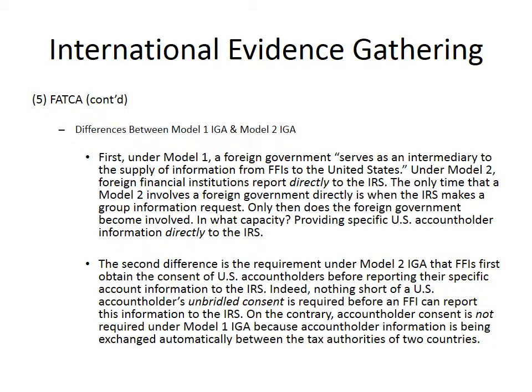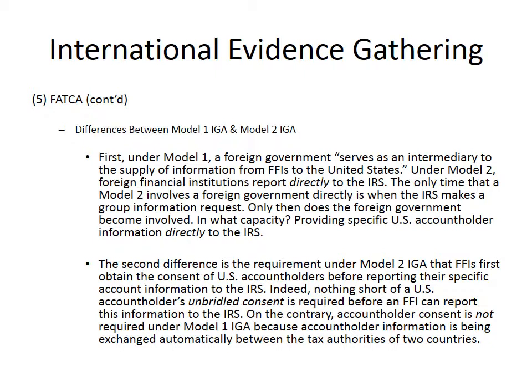Well, remember this, as I've already described. There will be instances where a Model 2 involves a foreign government directly. And that's in the scenario I just gave you, where the IRS makes a group information request. So while the general rule for Model 2 is that the foreign financial institutions report directly to the IRS, there is an exception, and that exception is when the IRS makes a group information request.